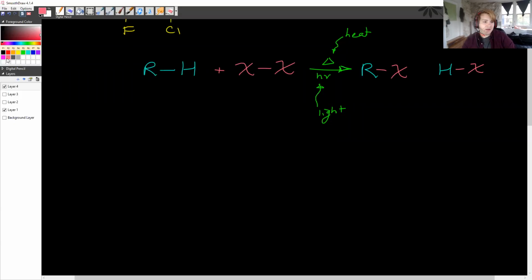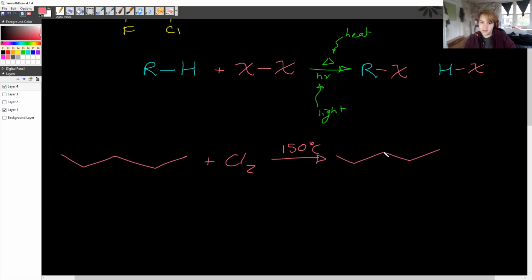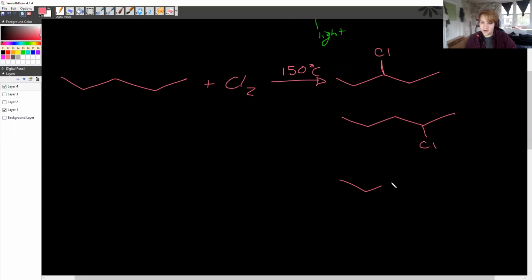So if we had something like this and we reacted it with Cl2, maybe at 150 degrees Celsius, maybe we get the chlorine here, maybe we get the chlorine there, or even quite frankly, we might get the chlorine there.